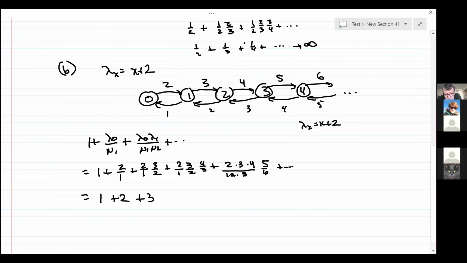Anyway, the 2's cancel, the 3's cancel, the 4's cancel, the 5's, and so forth. So it's pretty clear this goes to infinity. So this means what? No stationary distribution, which means we're either in the transient case or the null recurrent case. We're not in the positive recurrence case.